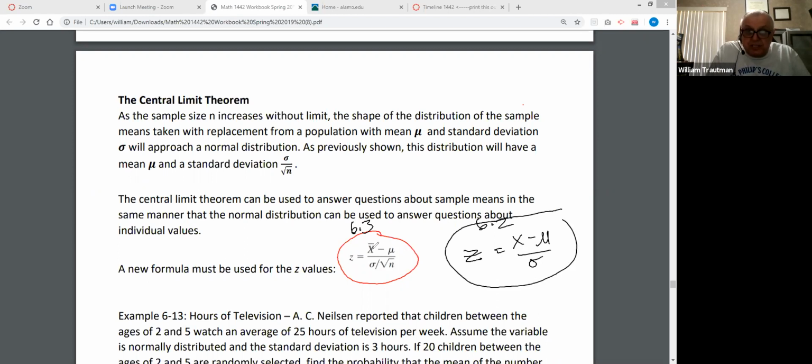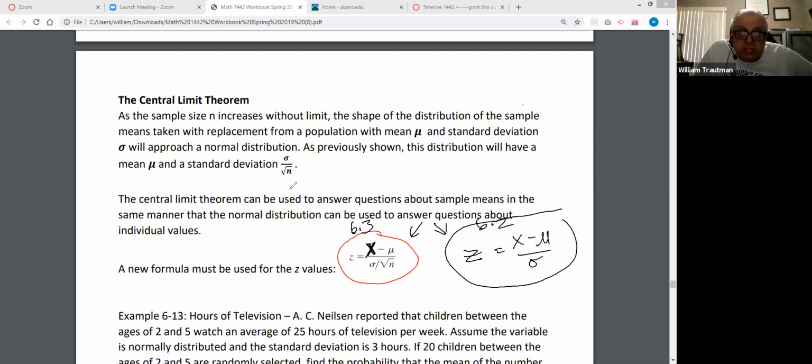So they use this X bar, but that should just be X. Do you see it looks the same, except on the bottom, they have the square root of n in the 6.3 formula. So the hardest part about this section is knowing which formula to use on the test, because they're not going to tell you, oh, use the 6.3 formula, don't use the 6.2.